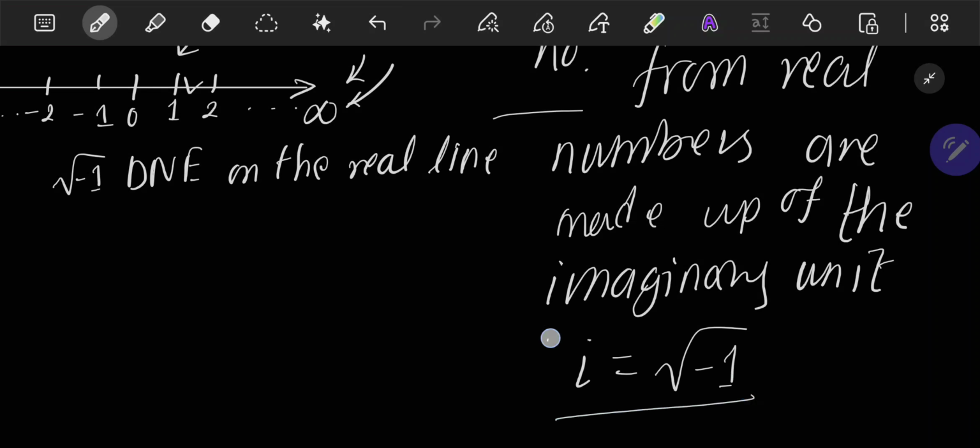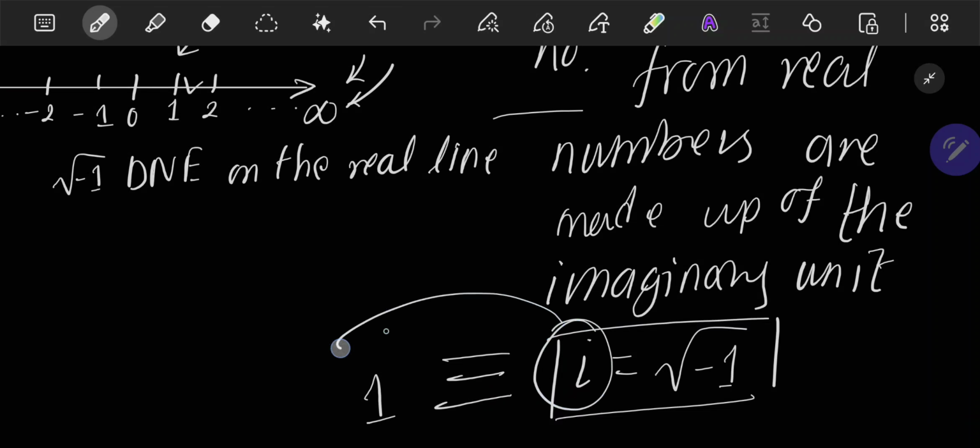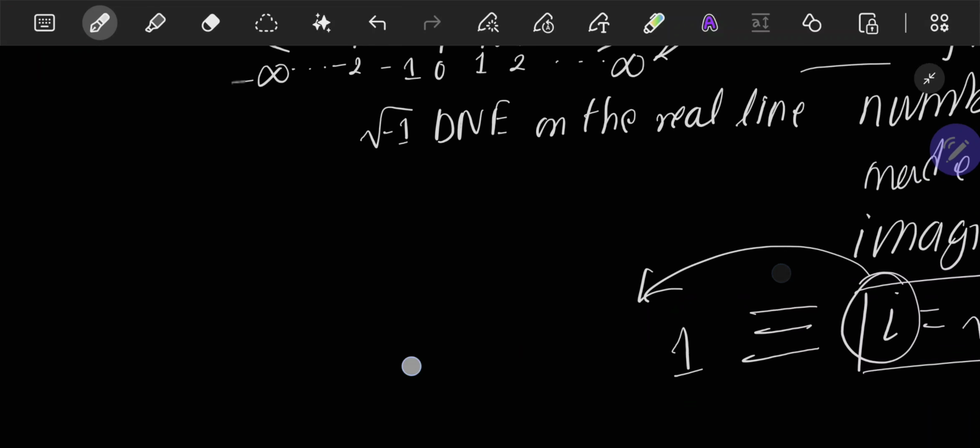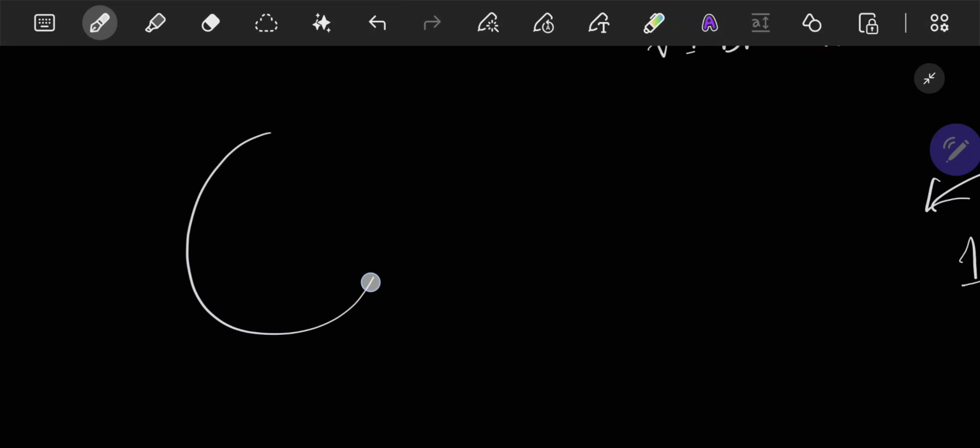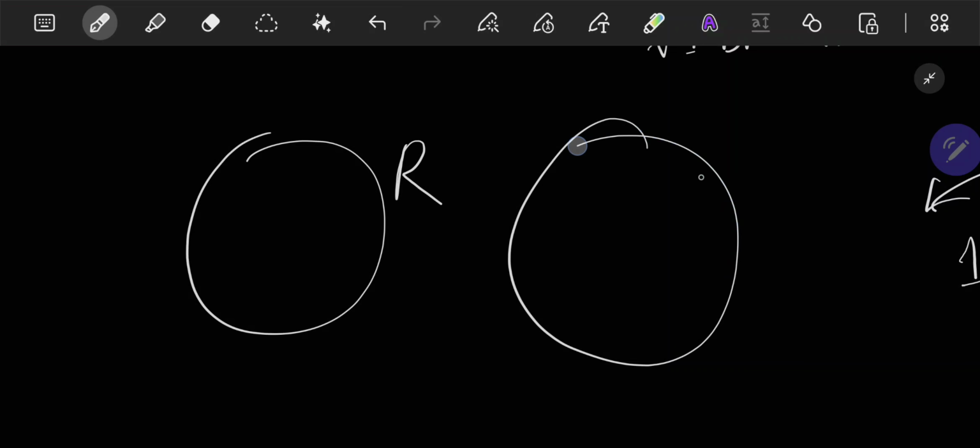And you could say that this imaginary unit is the 1. So this is equivalent to 1 in the imaginary world. So you could picture the set of real numbers and the set of imaginary numbers as two different worlds.